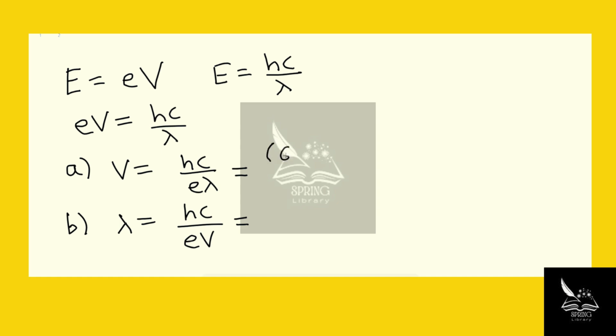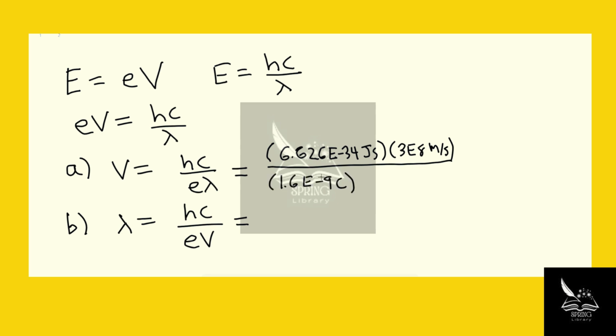So these constants: 6.626 e to the negative 34 joule seconds, 3 e to the 8 meters per second, all over the electron charge, 1.6 e to the negative 19 coulombs.